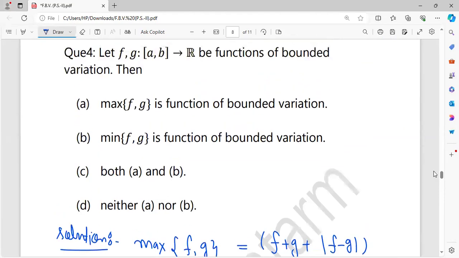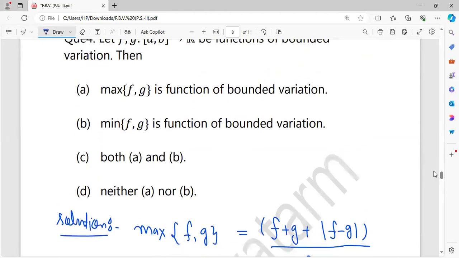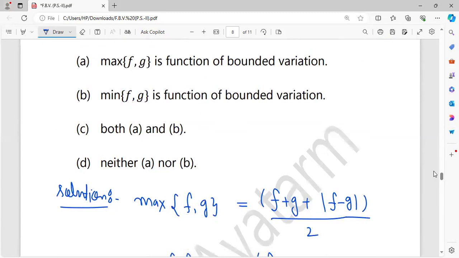So option A is correct, B is also correct. So both A and B are correct. So option C is correct. Option D is not correct.